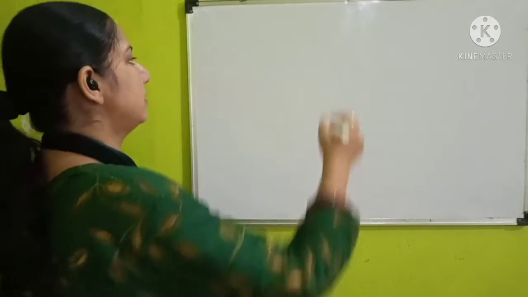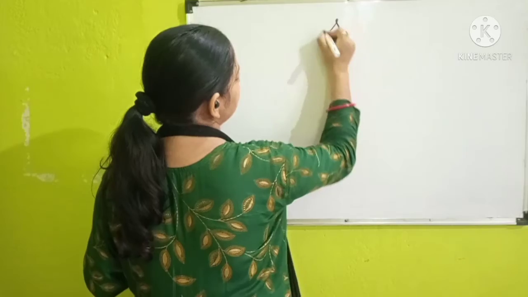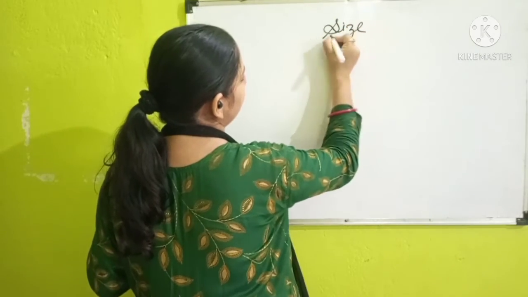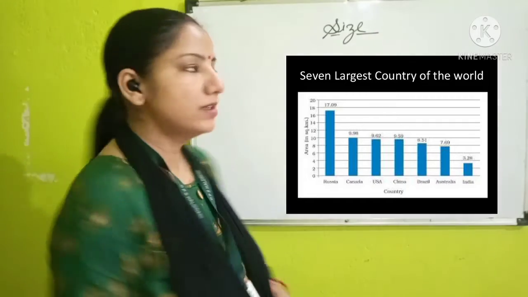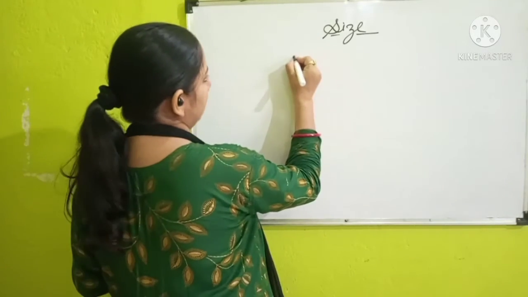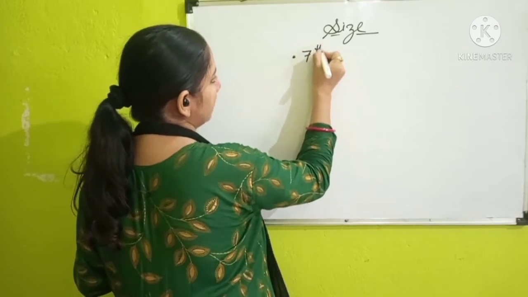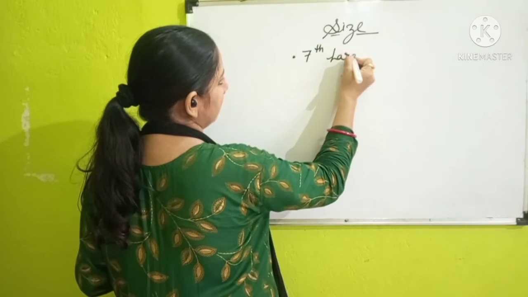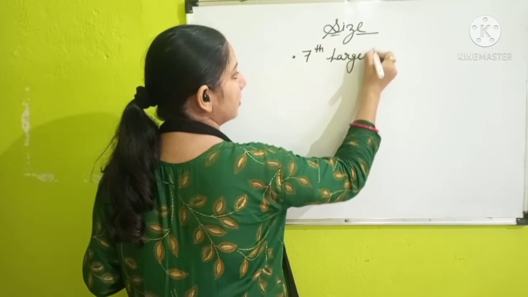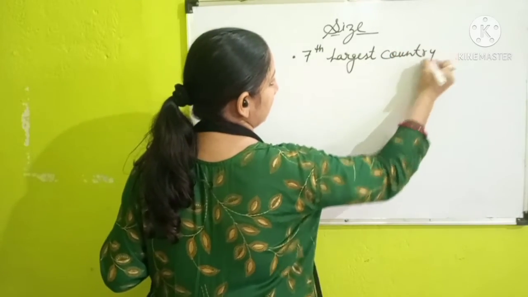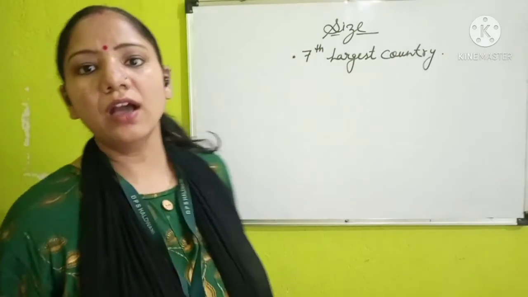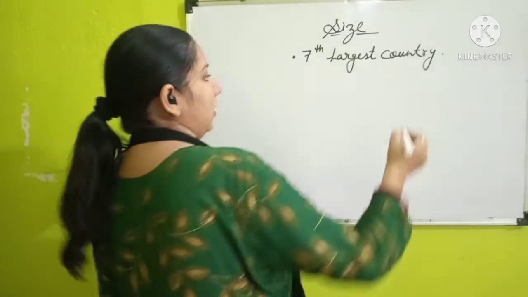Come to the next point of our today's video, that is the size of our country. What is the size of our country? So we know India is the 7th largest country according to its area, after Australia.